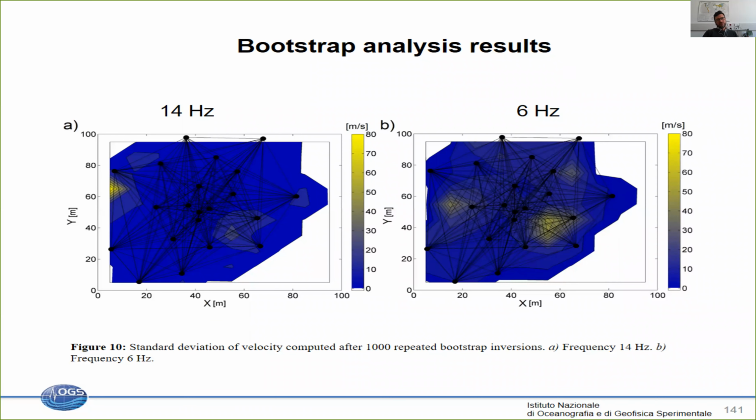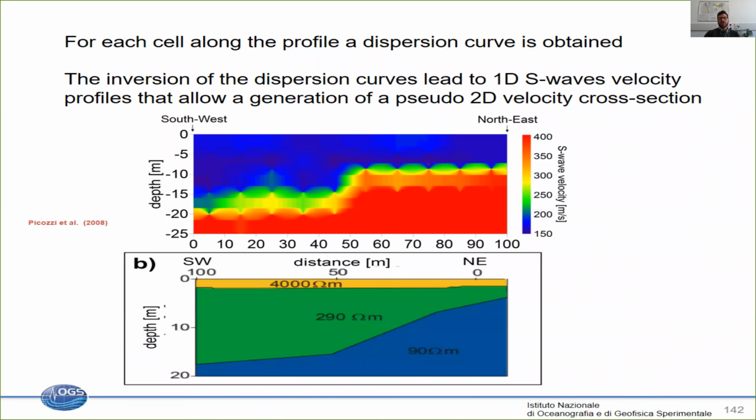And when we were convinced that everything was working, we went on and did exactly what I showed you before. Astonishingly, with just a few minutes of seismic noise, we were able to obtain a structure of the underground that has a very strong similarity with what was obtained with our geophysical methods.